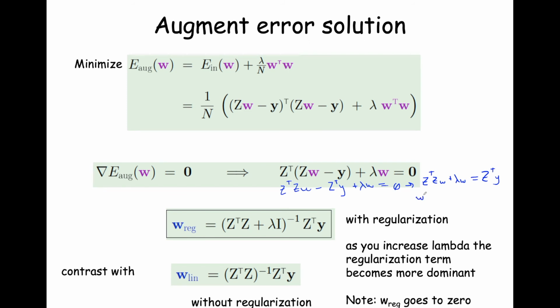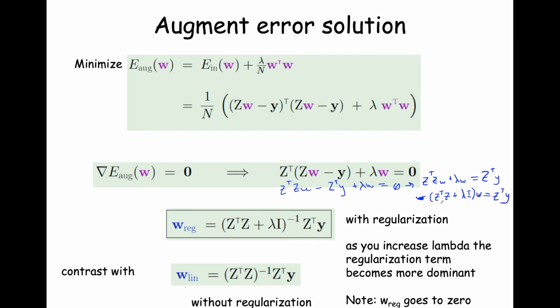We get Z transpose Z plus lambda times identity, times W, is equal to Z transpose Y.